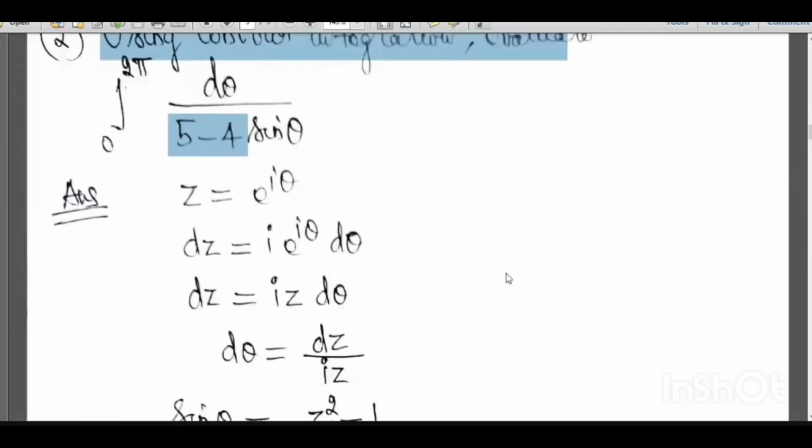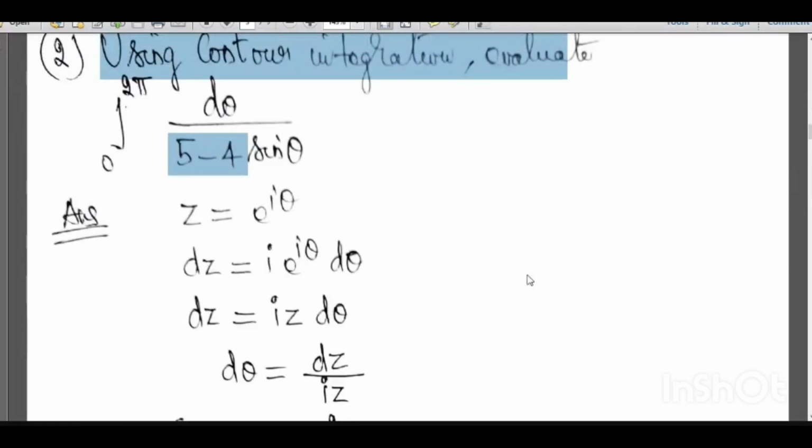Here the problem is the integral over the limit 0 to 2 pi of d theta divided by 5 minus 4 sin theta. Sin theta we already know is z square minus 1 divided by 2iz.